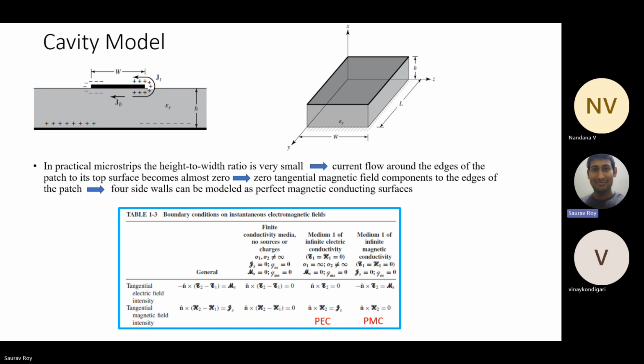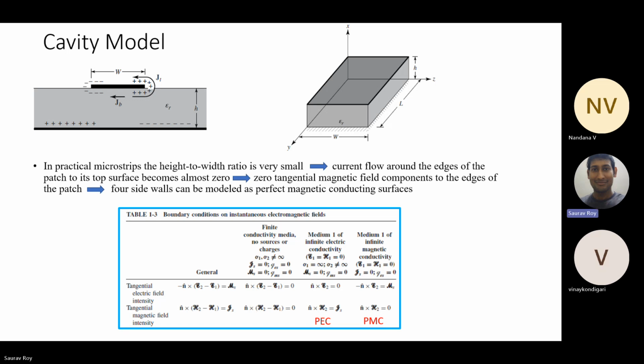Now see how this is important. For our cavity, there is no surface current, and that's why it leads to 0 tangential magnetic field. If there is no surface current, obviously no tangential magnetic field will be created on the four side walls. So these four side walls can be modeled as PMC, perfect magnetic conductor.